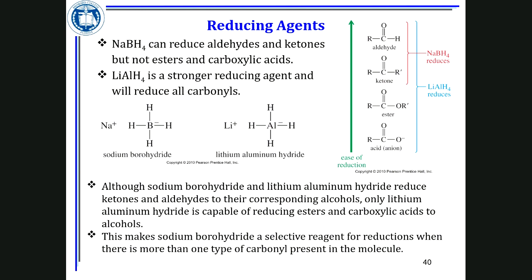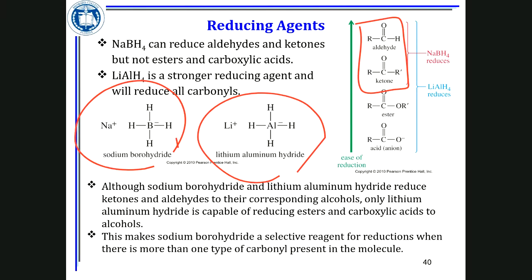Okay, so reducing agents, we could have lithium aluminum hydride or sodium borohydride. Lithium aluminum hydride, because it's strong, can reduce aldehydes, ketones, esters, and other acids, carboxylic acids in general. So if you're concerned about preparation of the alcohol, aldehyde would give you primary, ketone would give you secondary, ester is going to give you primary, and carboxylic acid would give you primary.